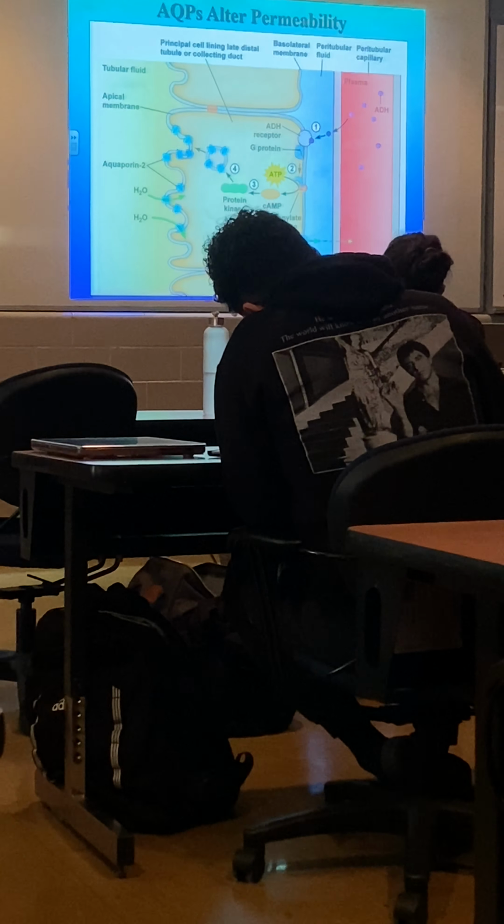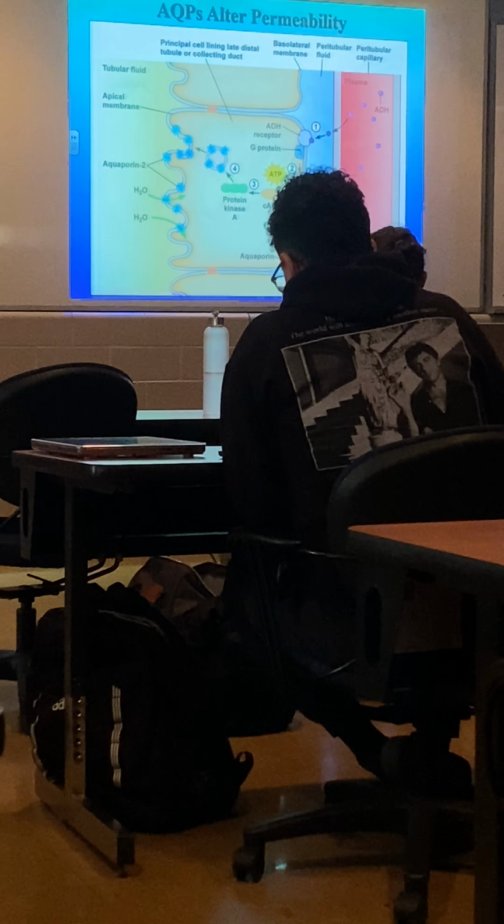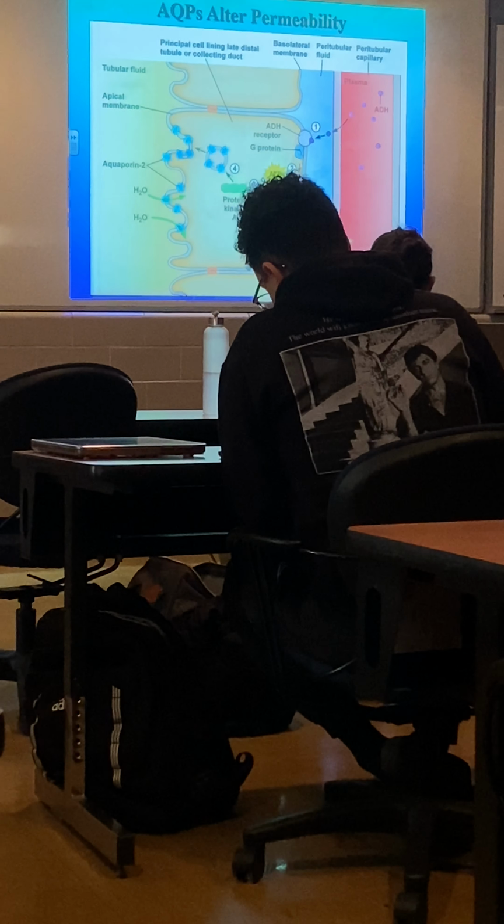Without antidiuretic hormone, what do you think some of the presenting features are going to be? Someone's not producing a lot of ADH. You urinate a lot, so polyuria. Is that going to be concentrated urine?